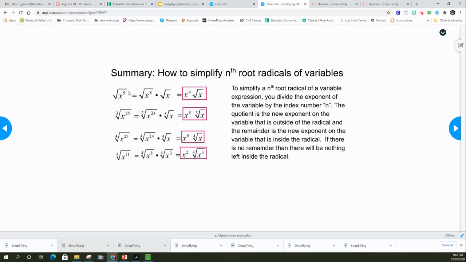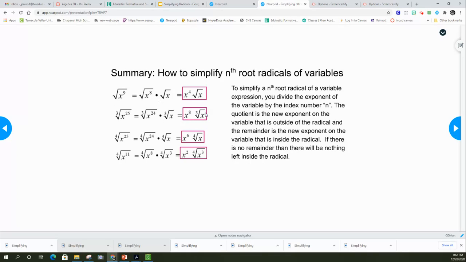So if we divide 9 divided by 2, 9 divided by 2 is 4 with the remainder of 1. Where do you see that 4 at? That 4 is the new exponent on the number outside. Okay, let's see if that's true for this one as well. So 25 divided by 3 is 8 with the remainder of 1. So 8 should be my exponent on the outside, all right?